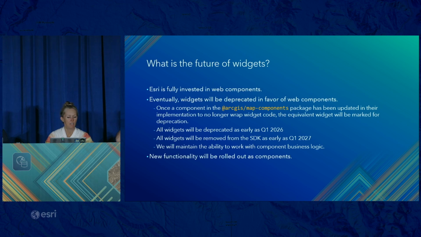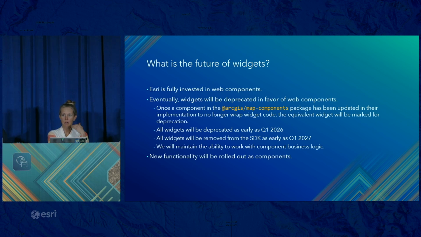We've done our best to provide an outline of how we see this happening, and you'll already see it with version 4.32. Once a component in the ArcGIS Maps SDK components package has been updated in its implementation to no longer wrap widget code, the corresponding widget is deprecated. Our very first approach to creating the components was to wrap widgets in a web component shell.